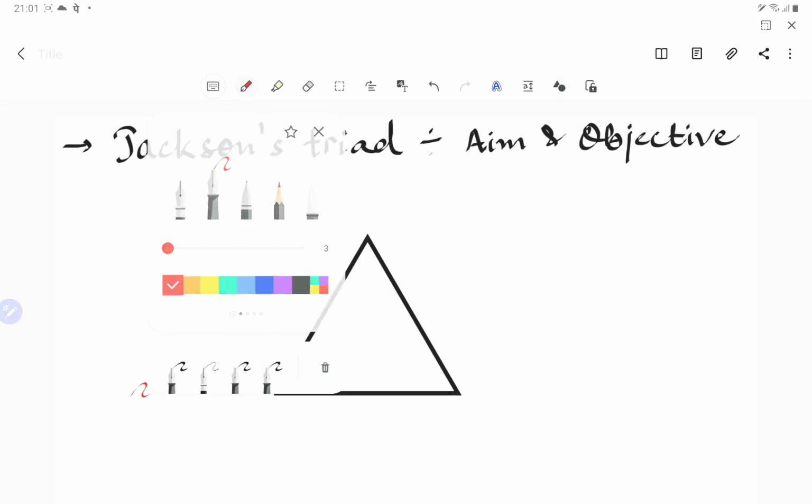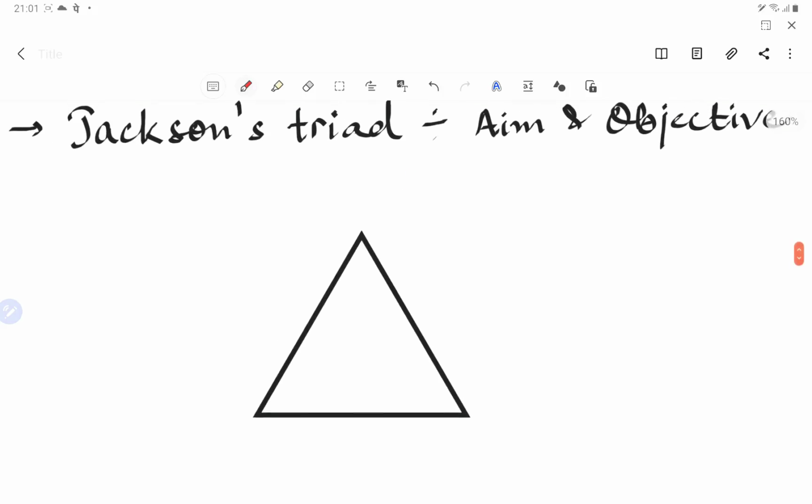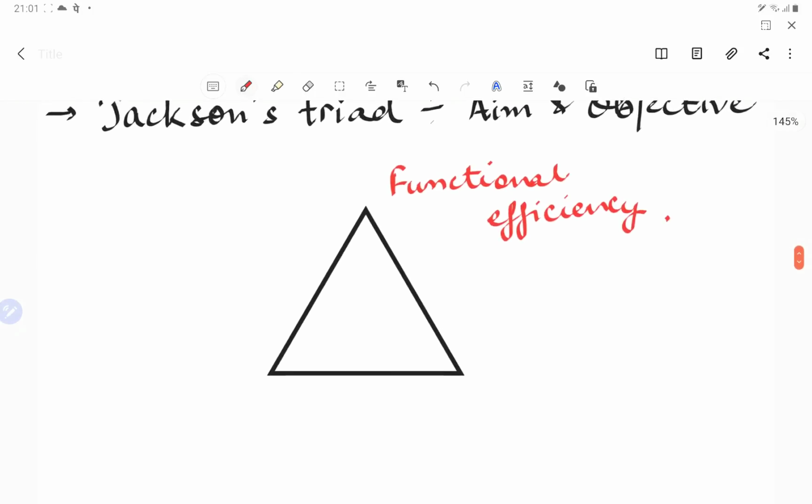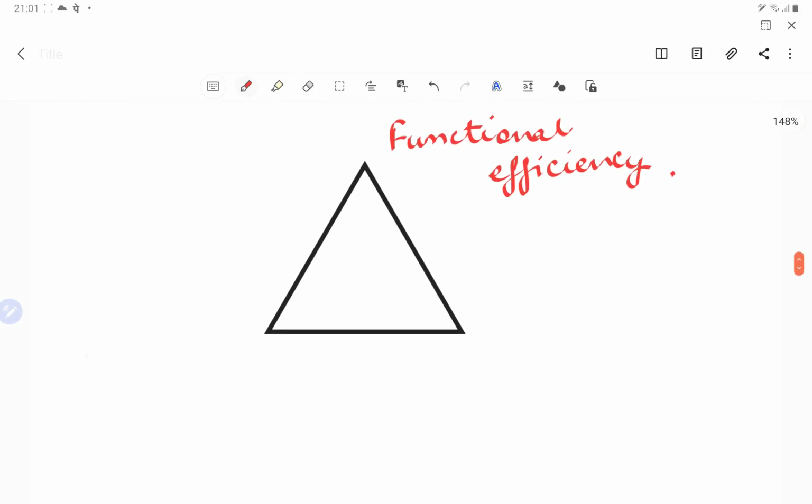The aims and objectives of orthodontics deal with functional efficiency. That means the patient should be able to chew properly after the orthodontic treatment. Then the aesthetic harmony.